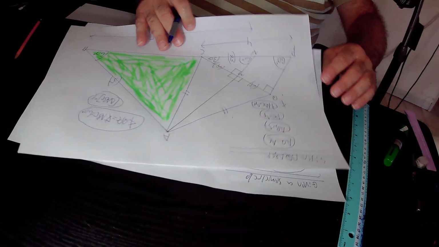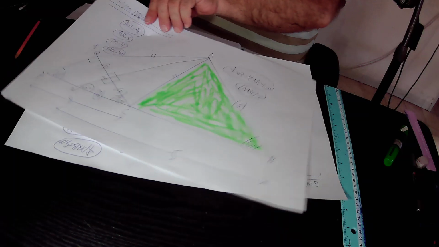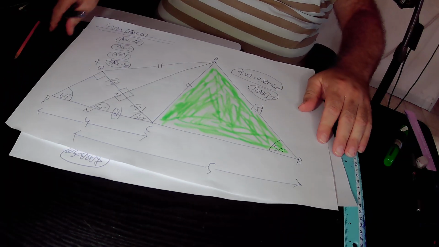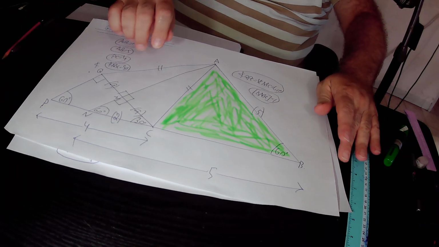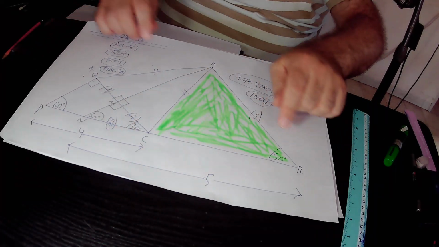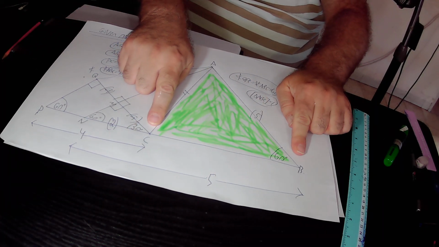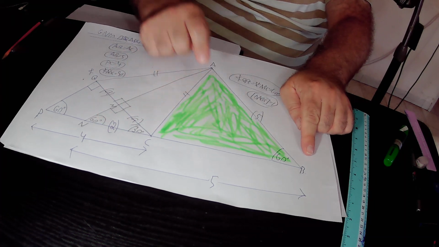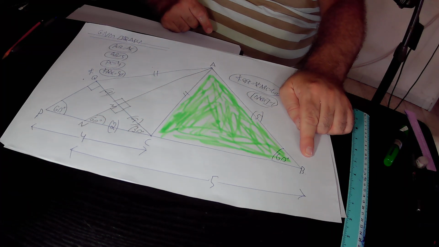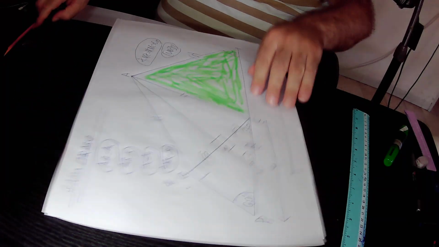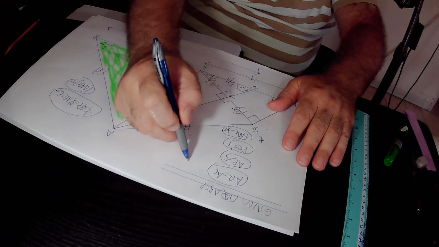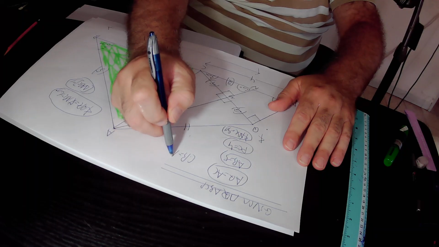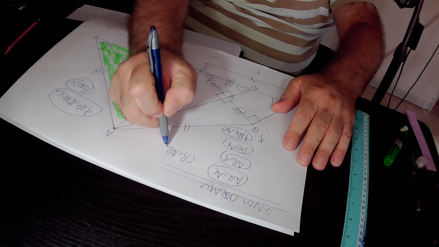What is the length of the missing side CB? From the drawing, it is very easy to see that CB equals NB minus NC. So I write it down: CB equals NB minus NC.